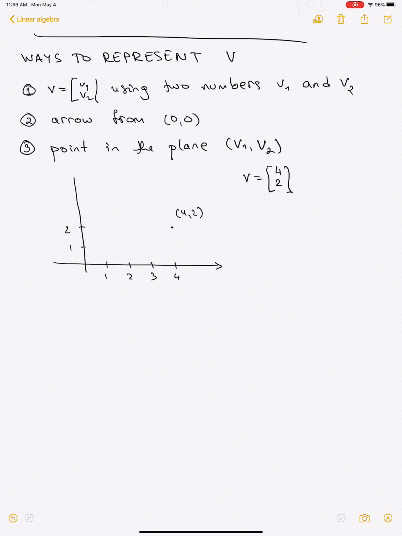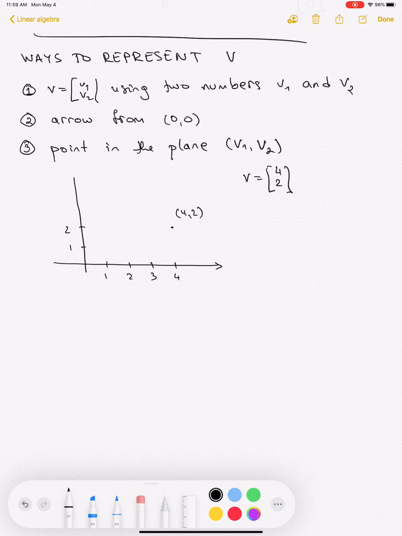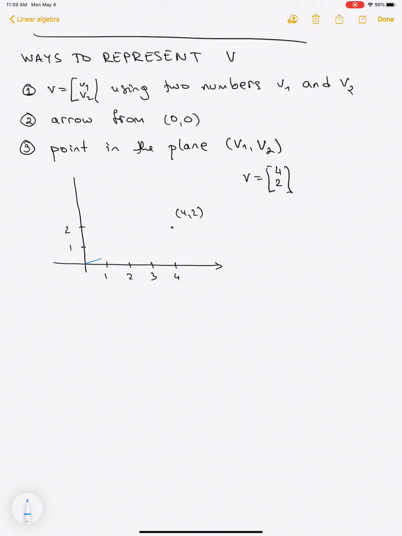Now what about the arrow? It would be this one. The nice thing about the arrow representation is that it has direction and it has length, and these are things that you have most likely seen in high school. You have seen the vector represented as an arrow.